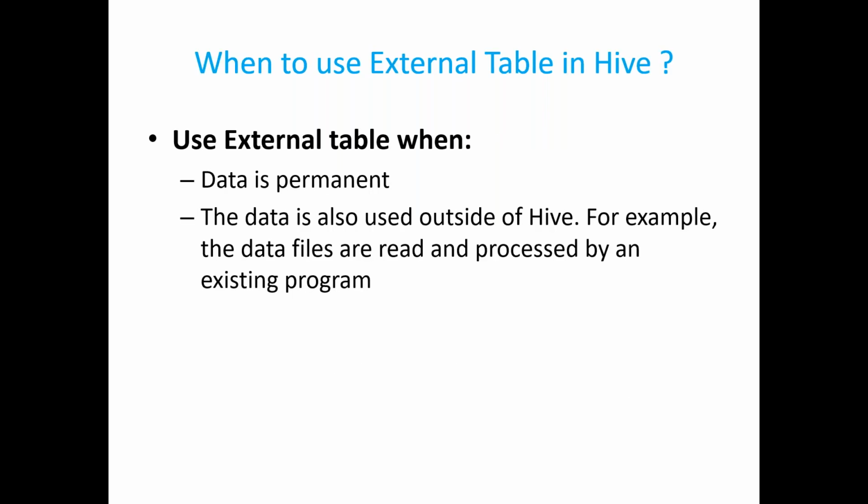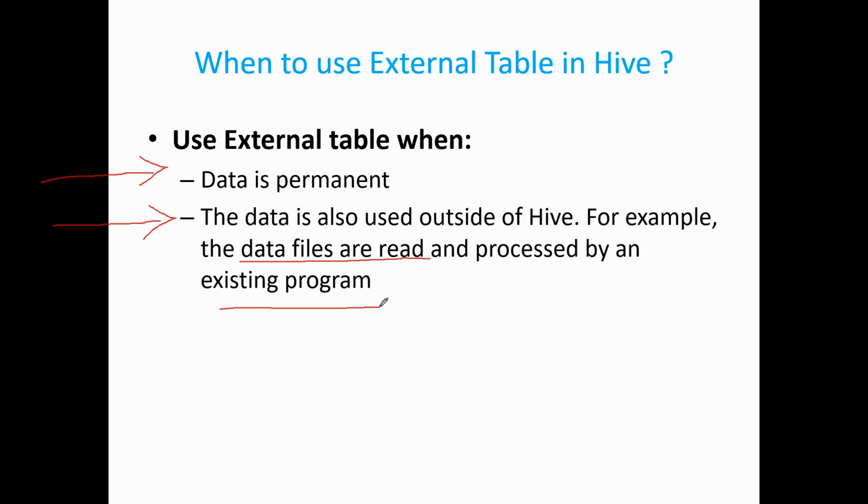Now the question is, when should we use external table? Most of the time in projects we'll be using external tables only. You will use an external table whenever you feel the data that we are going to use is permanent, and also when the data is used outside of Hive. For example, the data files are read and processed by an existing program. We haven't spoken about Spark yet, but we will see how to integrate Spark with Hive.